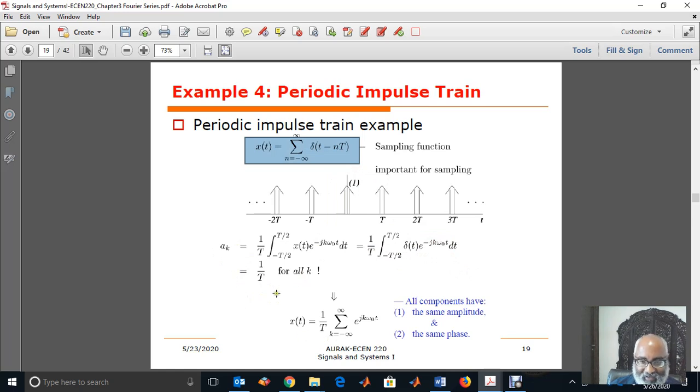Then I can write x of t in terms of a_k. It will be the summation from k minus infinity to infinity of a_k e raised to j k omega naught t, where a_k is 1 over T. So this is how you reconstruct the impulse train again from the a_k.